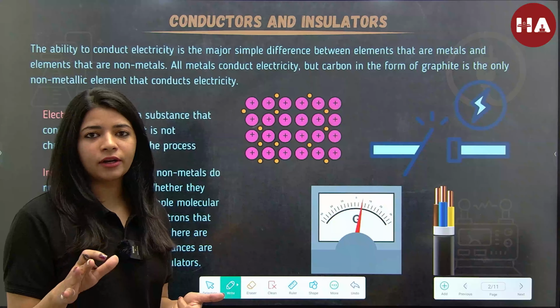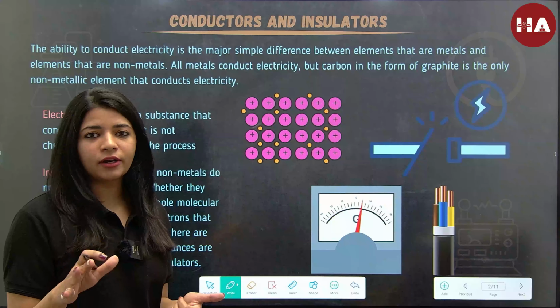It remains copper wire while the current is flowing through it. So an electrical conductor is a substance that conducts electricity but is not chemically changed. Important. The copper wire remains copper while it is conducting electricity or even if it is not conducting electricity.